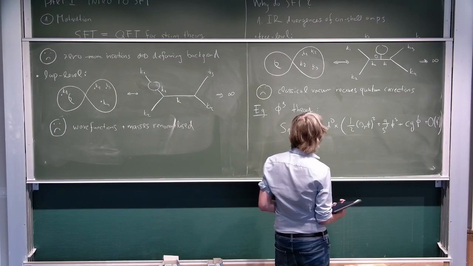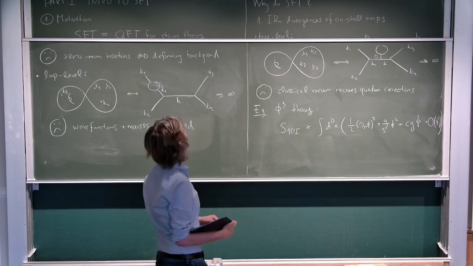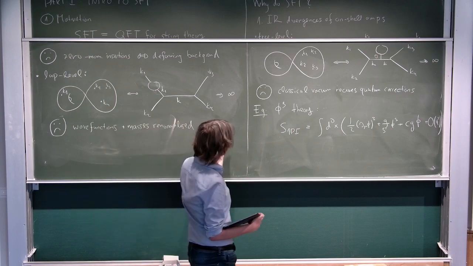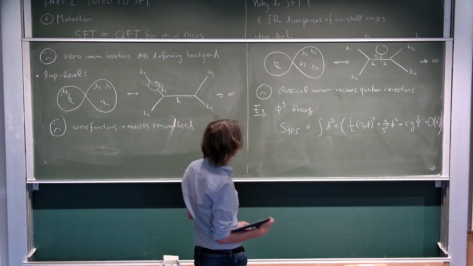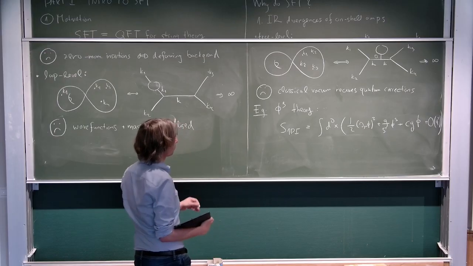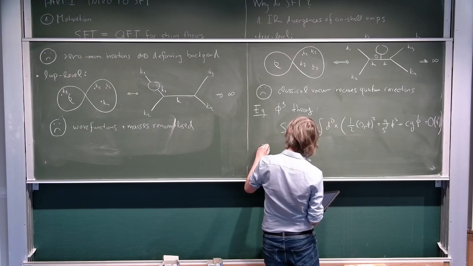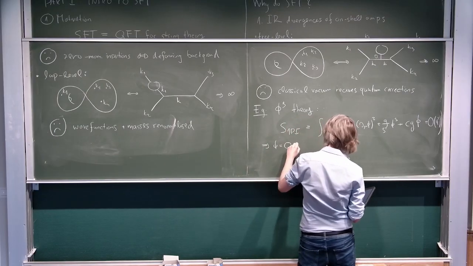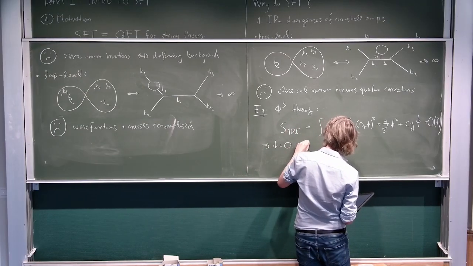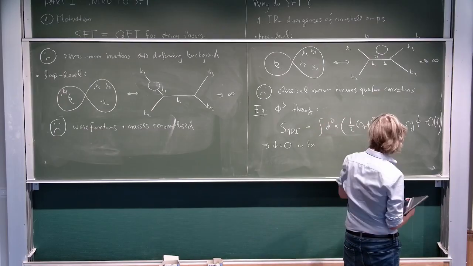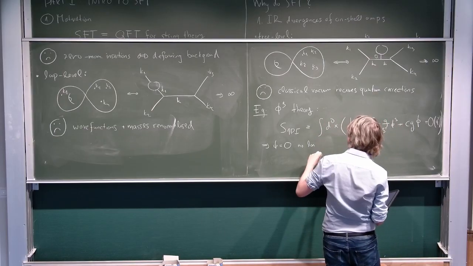And what we will discover is that phi equals 0, which we were naively thinking would be the vacuum at tree level, is no longer a classical solution to the equation of motion. Right? So phi equals 0 is no longer a solution, precisely due to the appearance of this term, which is linear in phi.